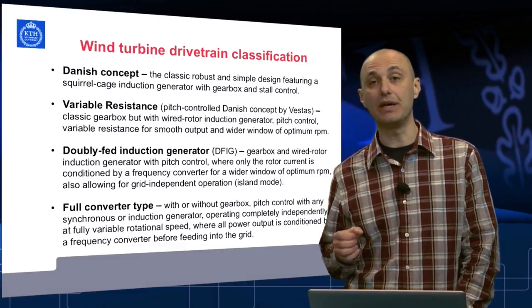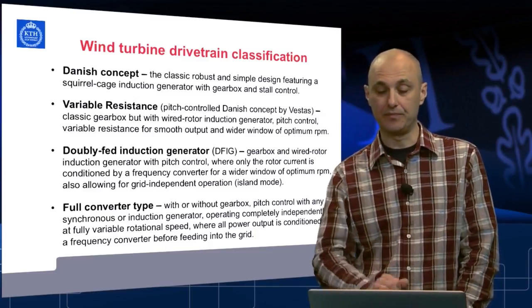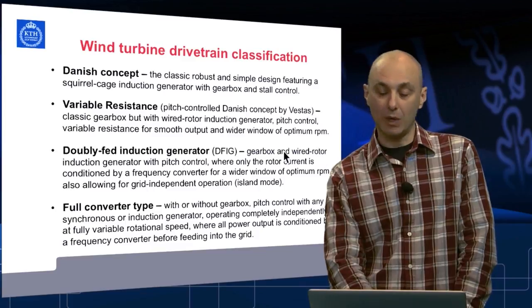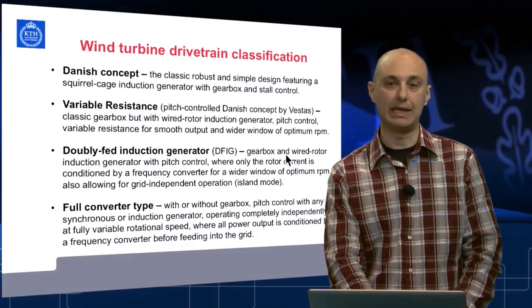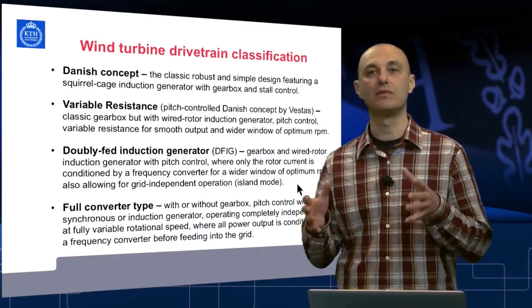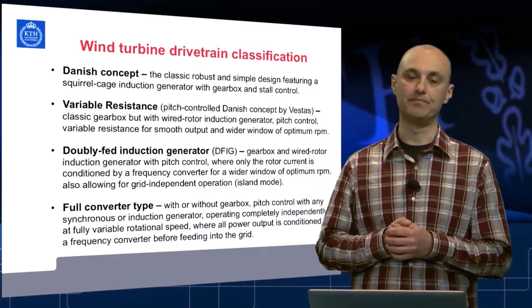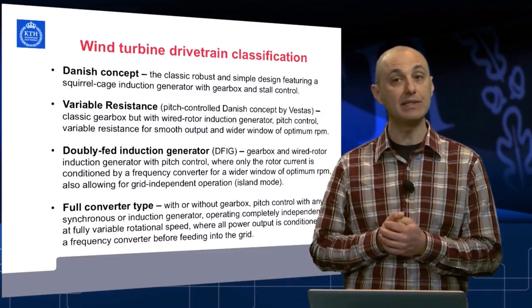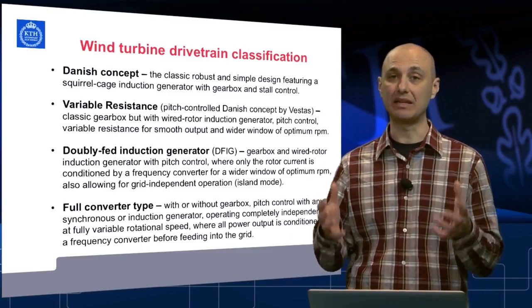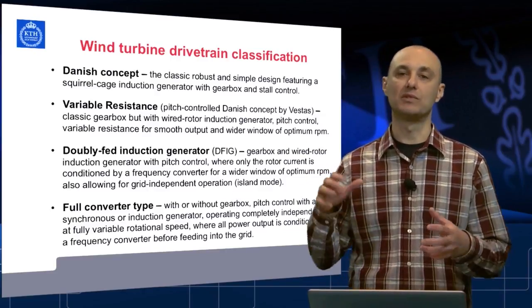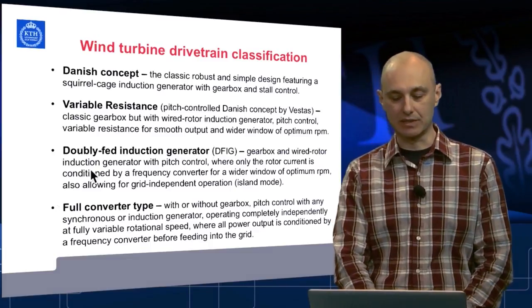If the grid is not there, your machine cannot operate. The doubly fed induction generator is a wound rotor induction generator, where only the rotor current is conditioned in a frequency converter system. So you can act on the generator and control it very easily, not handling the entire power output. The stator is almost directly connected to the electrical grid.